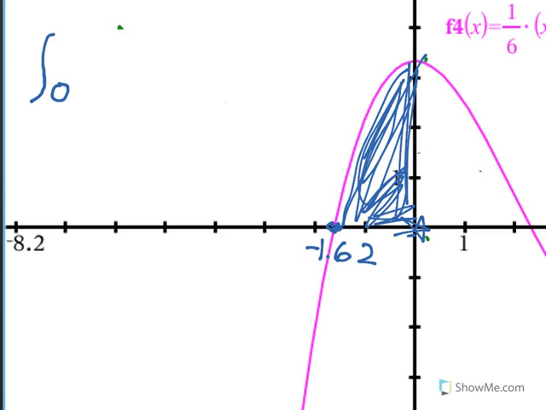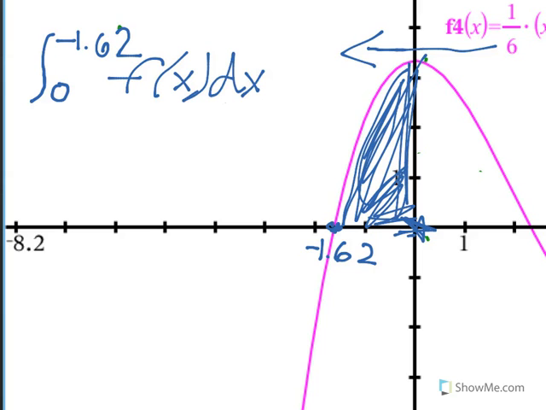So we're moving from right to left, so we're going in the opposite direction. That integral is going to come out to be negative because we're moving from right to left this way. And that number comes out to be negative 3.7.